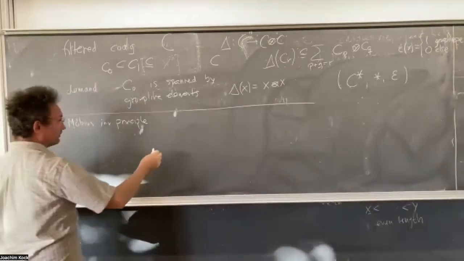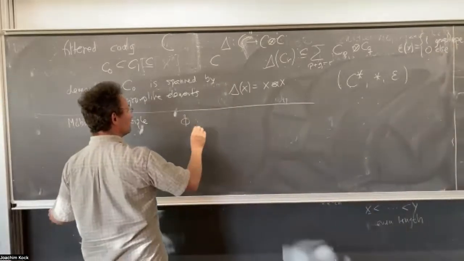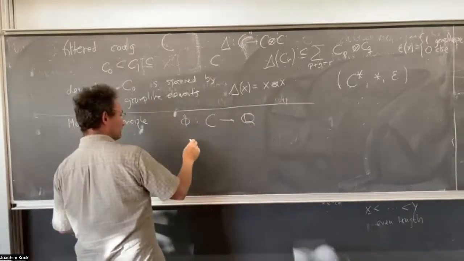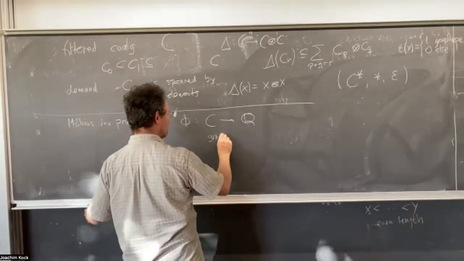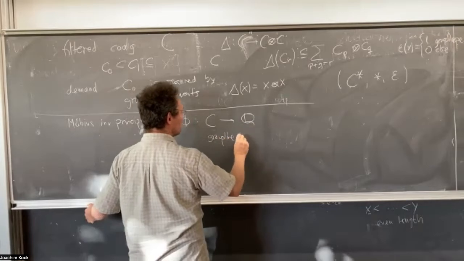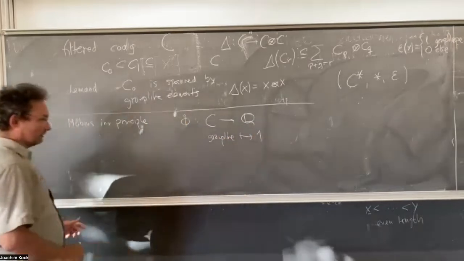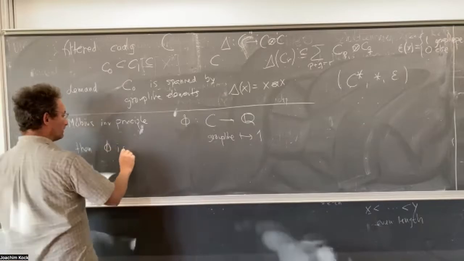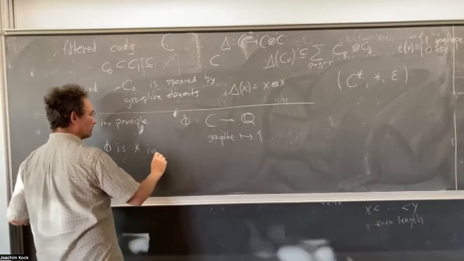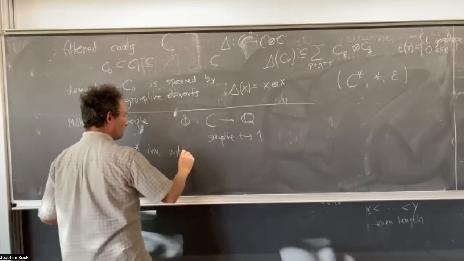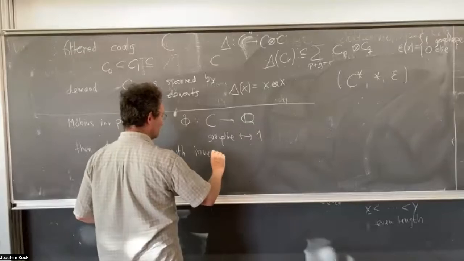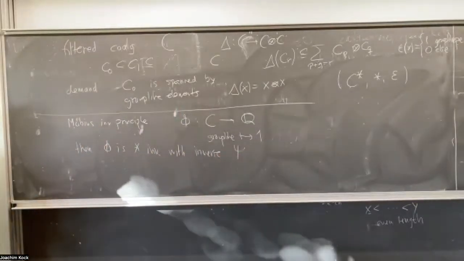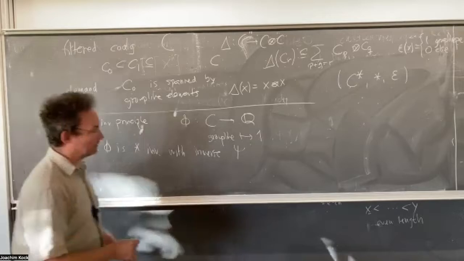So the Möbius inversion principle says that if you have a function phi such that all the group-likes are sent to 1, then phi is convolution invertible with inverse, and I write it as psi, and now I will describe psi.